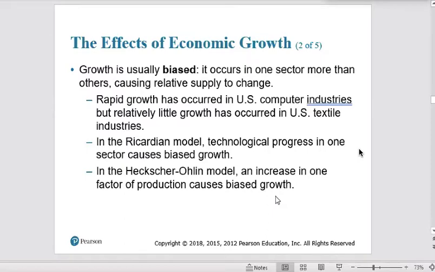But before we talk about growth, we need to understand that growth is usually biased. It's not equal. Okay. What I mean by biased is this. In the previous example, we have workers working in a factory and workers working on a field in the agricultural field, and their skill sets are different, right?